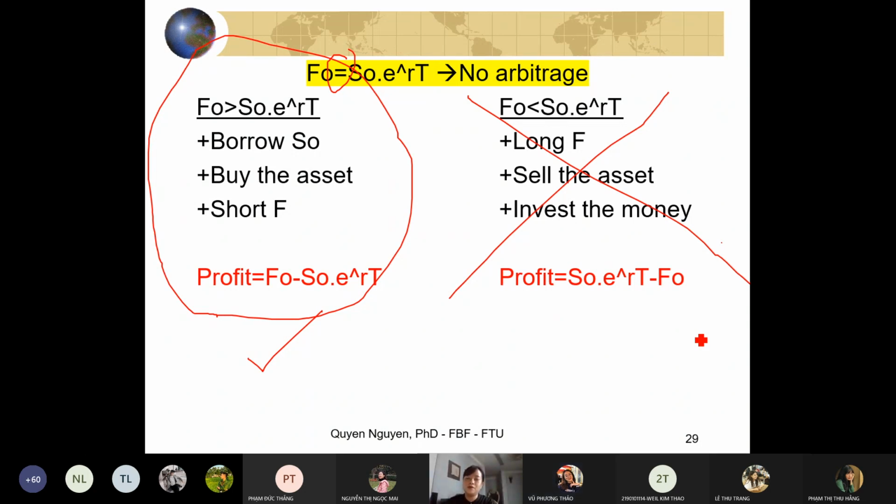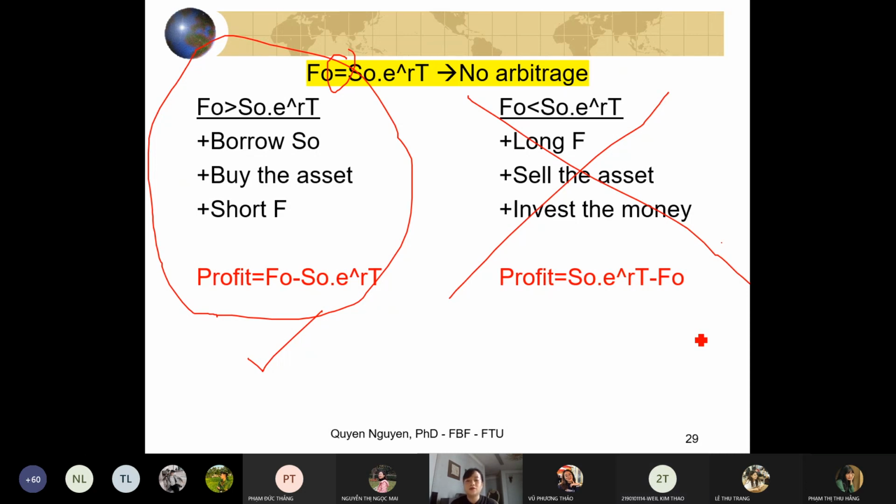We talk about if short selling is not available, and obviously, as you can see, we cannot short sell the consumption asset because it's not available. Basically, the trading is not available for that. But those who have the assets can still exercise the strategy, right?